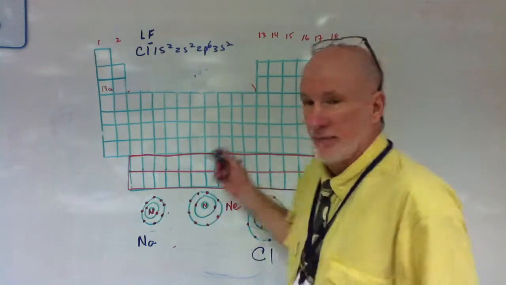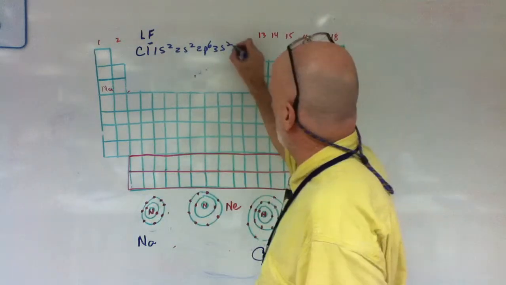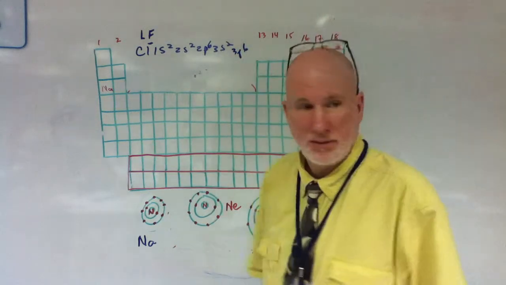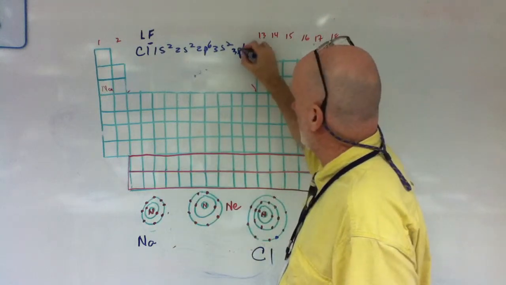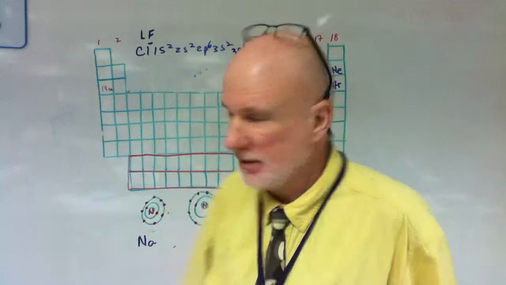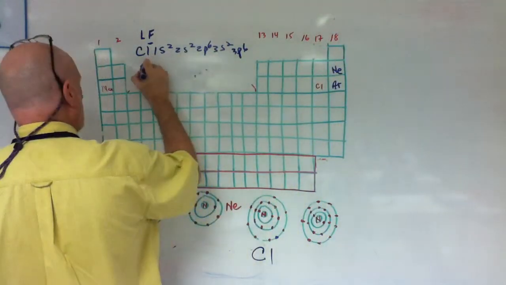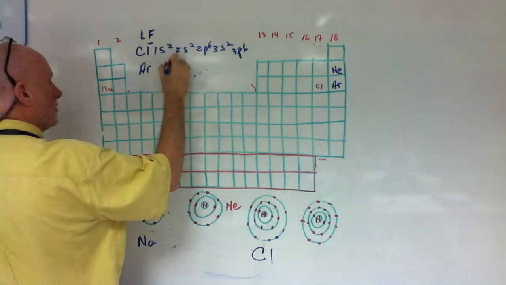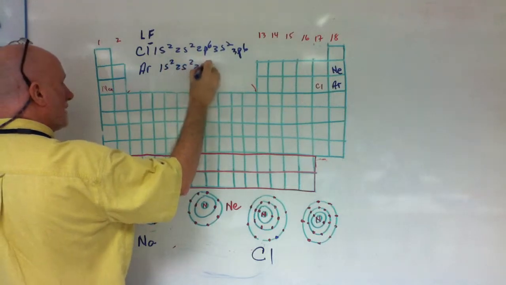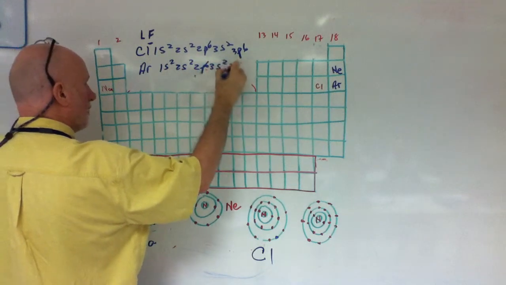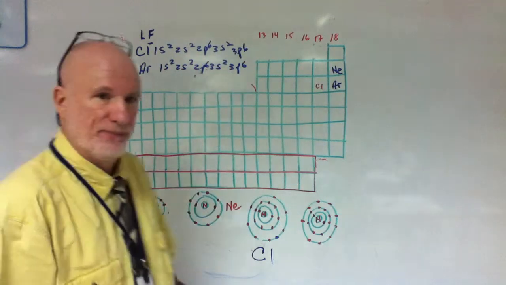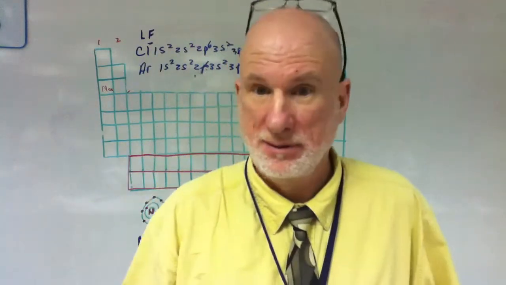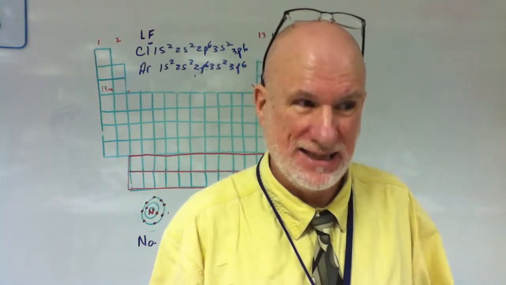Go ahead, finish it. 3p6, right? Because didn't it gain an electron? It was 3p5, but it gained an electron, right? Okay, let's look at argon. 1s2, 2s2, 2p6, 3s2, 3p6. Same. You get it? You starting to get this?